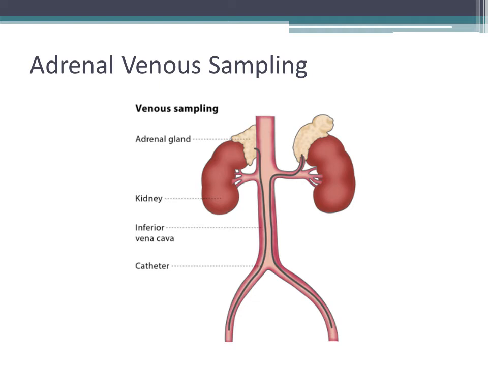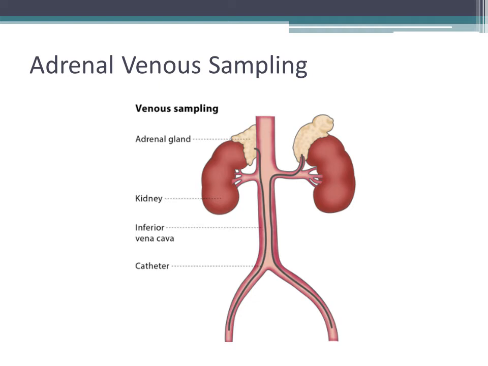If it's higher on the right side, for example, and suppressed on the left side, this confirms that I'm dealing with a unilateral adrenal adenoma causing hyperaldosteronism. If I get bilateral equal levels of aldosterone, then I'm dealing with bilateral adrenal hyperplasia.